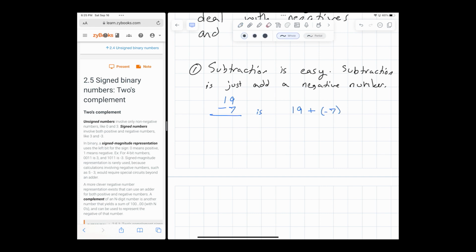I guess I should have written it that way over here too, where I could write 19 minus 7 is the same thing as 19 plus -7. So we're not going to do anything special to learn about subtraction. So subtraction doesn't need any new things. So we don't need any new theory.